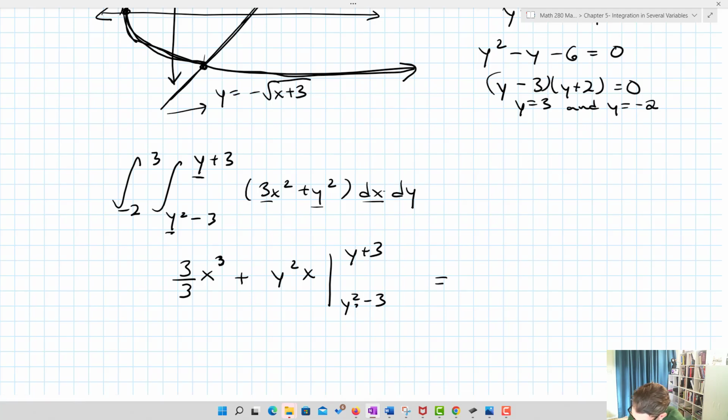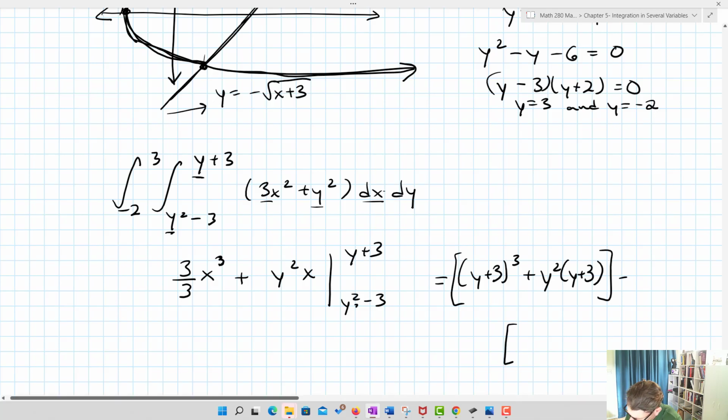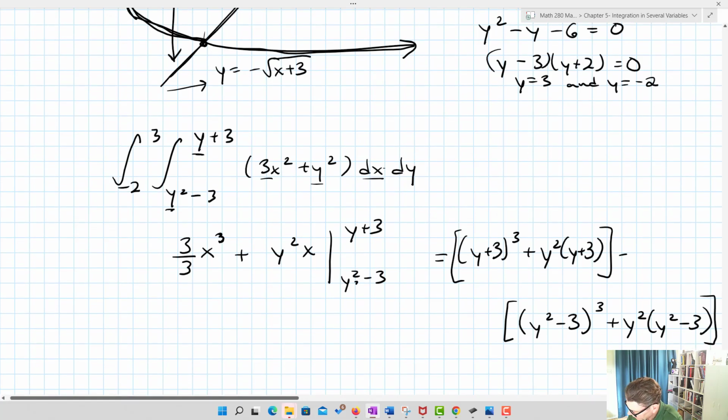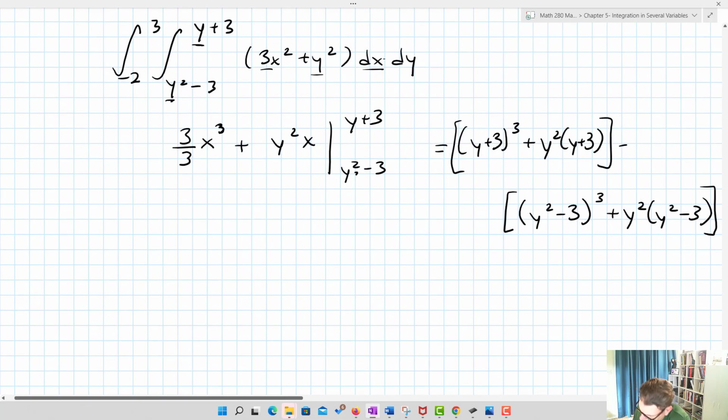So this ends up being y plus 3 cubed plus y squared times y plus 3, minus y squared minus 3 cubed plus y squared times y squared minus 3. We'll evaluate that. Just give me a moment.